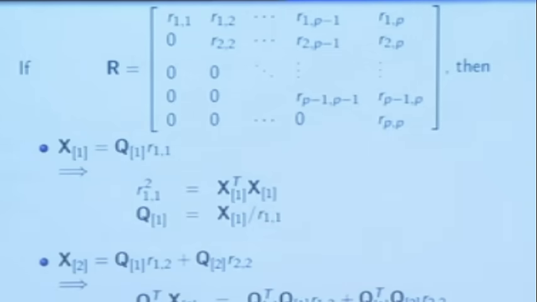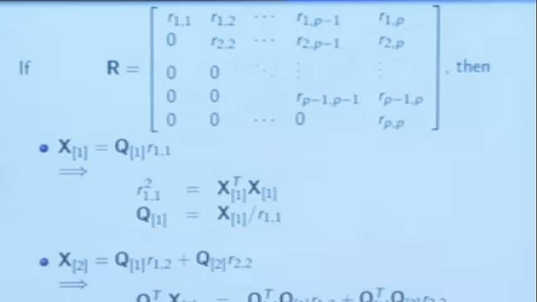And if we multiply this expression by Q1 transpose, then we basically get this expression for R12.